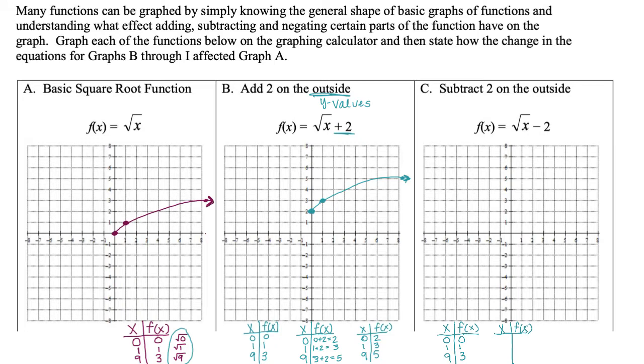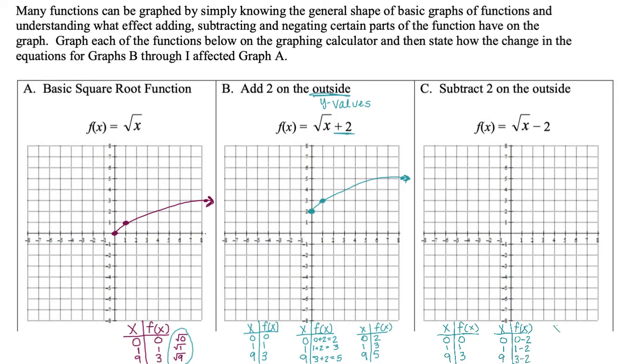Again, remember a -2 on the outside, that meant to lower your graph by 2. But we need the correct y values to go with it. And so our x values are going to stay the same. And then subtracting 2, remember that's going to be 0 minus 2, 1 minus 2, 3 minus 2.